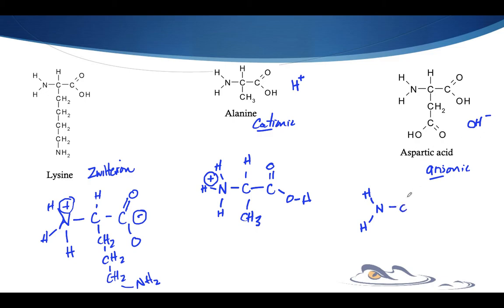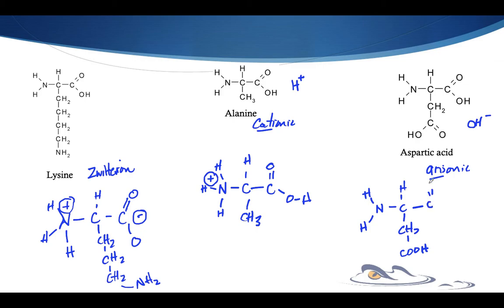Here's my alpha carbon. And then I'm going to draw the remainder of my side chain here. That would be another, I'm just going to write COOH if that's okay with you. And then on this side of it, because this does have a negative charge, I'm looking at my Zwitterion here. The negative charge is on the carboxylic end of this.